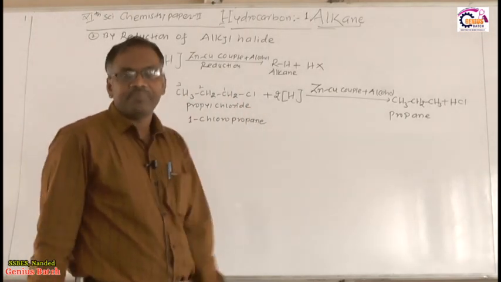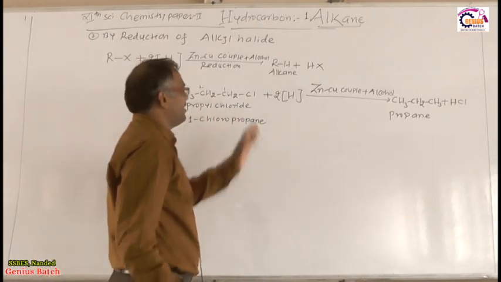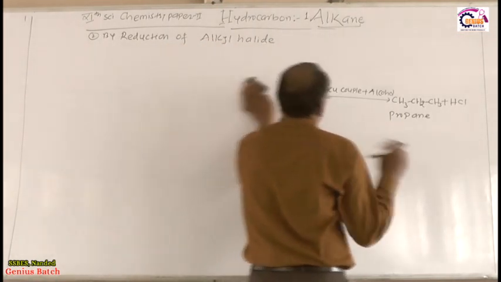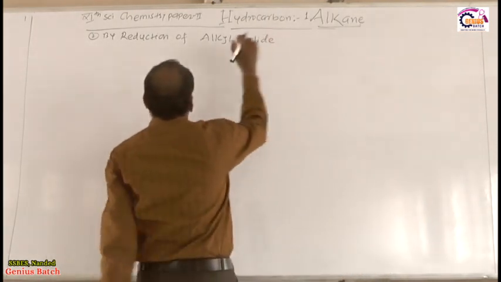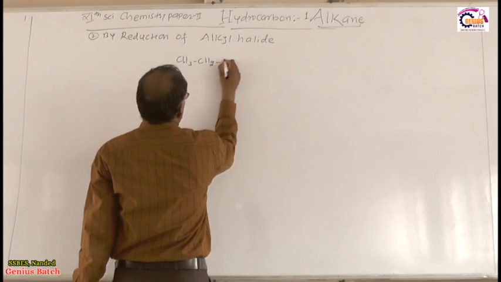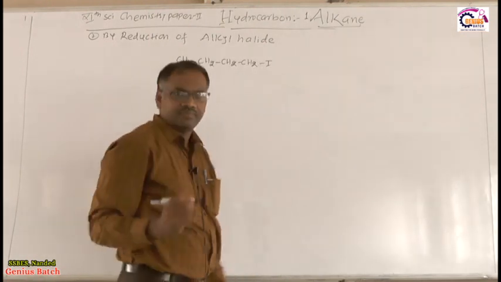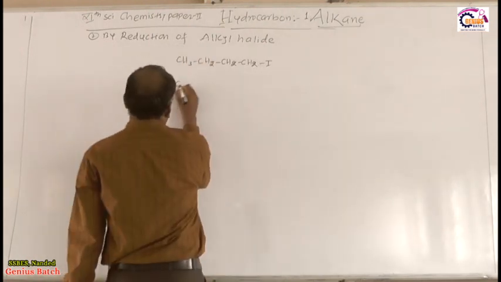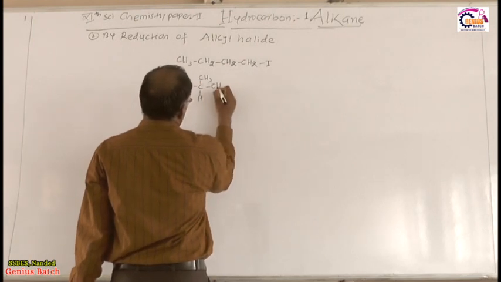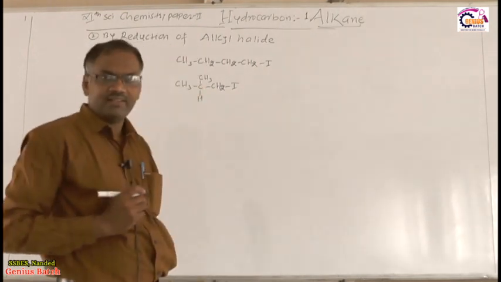So how can we solve the MCQ on the basis of this preparation? See, I will take different examples. Suppose I have given CH3CH2CH2CH2Cl, suppose I have this compound n-butyl iodide, then CH3 CH3 CH CH2I, this is 1, 2, 3, 4, isobutyl iodide, right?